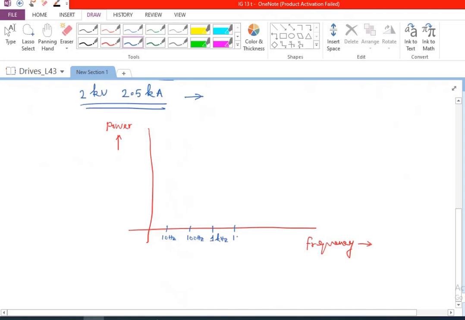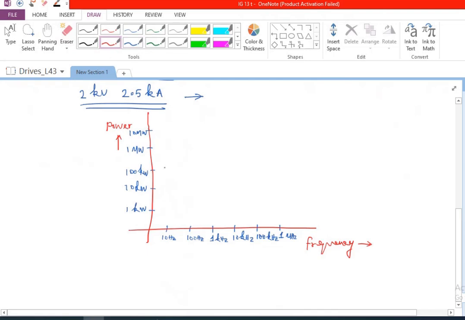This is 10 kilohertz. So these are all logarithmic scale. And this is also 100 kilohertz and so on. So this is 1 megahertz. Whereas power level, I'm going to say this is 1 kilowatt. This is about 10 kilowatt. This is 100 kilowatt. This is 1 megawatt. And this is about 10 megawatt. So this is the graph that I'm showing.